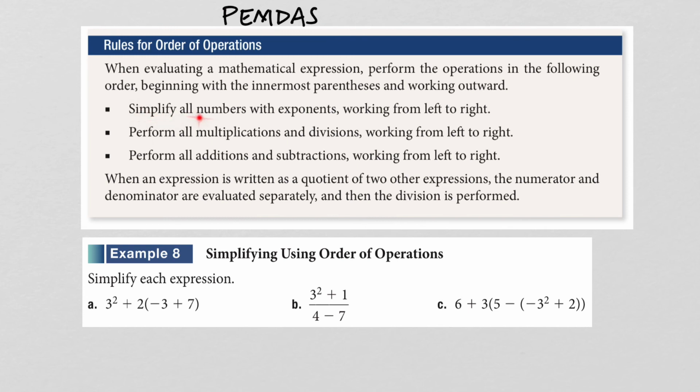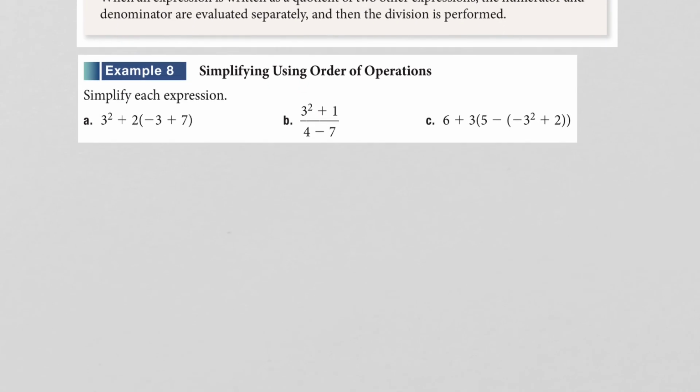Then we are going to simplify all numbers with exponents, so that's the E. Then we perform all multiplication and division, working from left to right, so that is the M and the D. And finally, we perform addition and subtraction, working from left to right, and that is the A and S. So this acronym, PEMDAS, helps you remember what to do first, second, third, etc. Let's take a look at these examples.